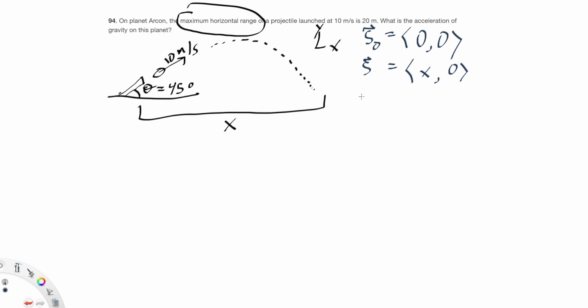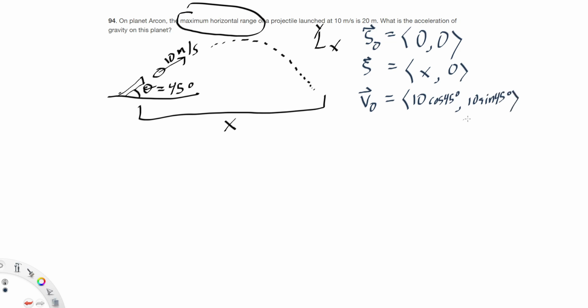The initial velocity is going to be 10 cosine 45 degrees in the x direction, 10 sine 45 degrees in the y direction.